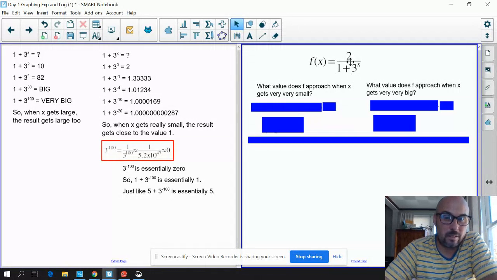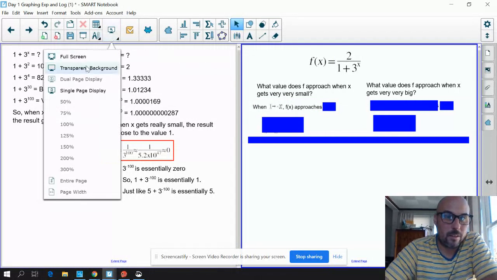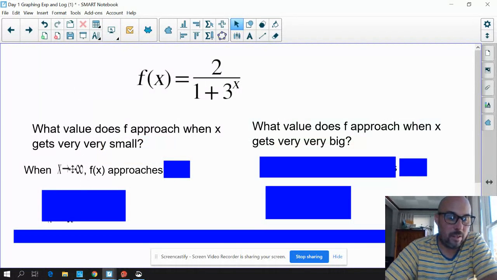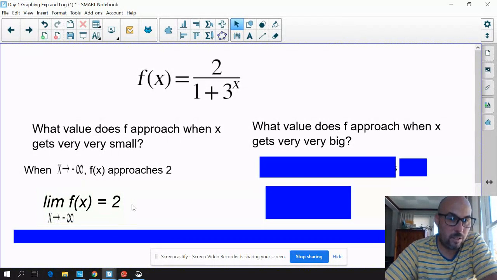And 2 divided by 1 is 2. So as x approaches negative infinity, in other words, when x gets really small, the function approaches 2. And that is written as a limit. The limit of f of x is 2 when x approaches negative infinity.